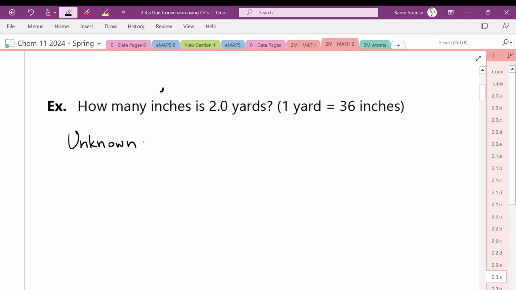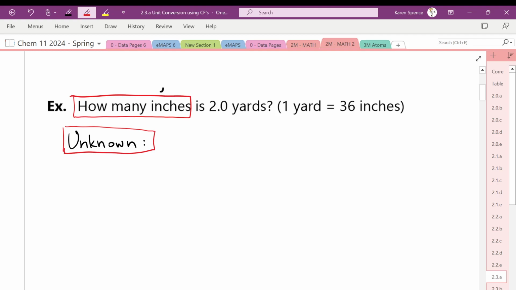Tell your partner. How many inches? So we're going to say we don't know how many inches. That's our unknown.